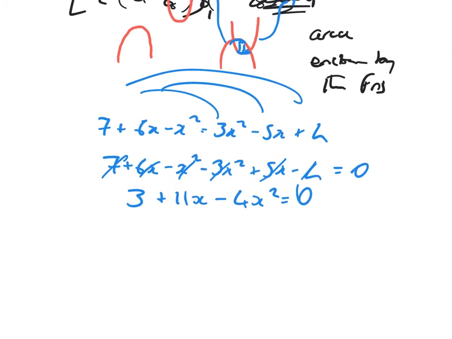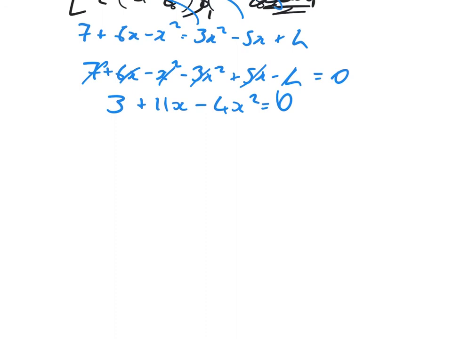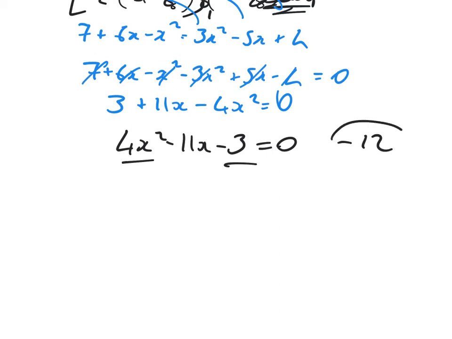Okay, I can now change all signs. That's multiplying through by minus 1 to get 4x squared minus 11x minus 3 is equal to 0. Let's factorise that. Two numbers that multiply to give minus 12 and add together to give minus 11. That's minus 12 and plus 1.